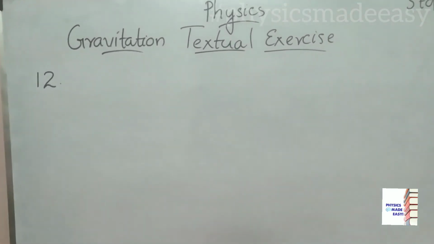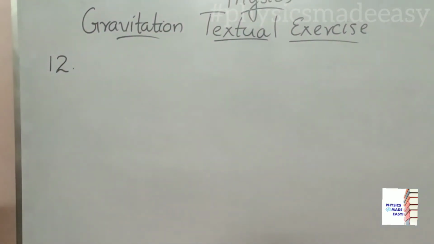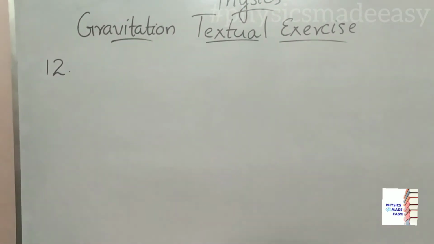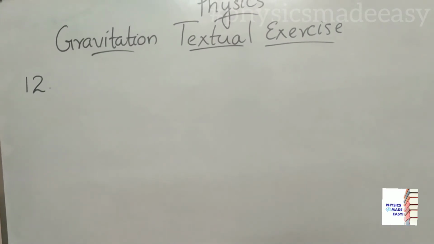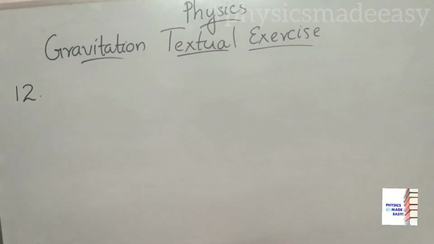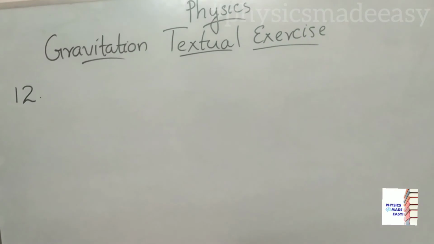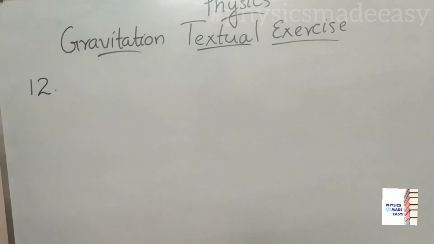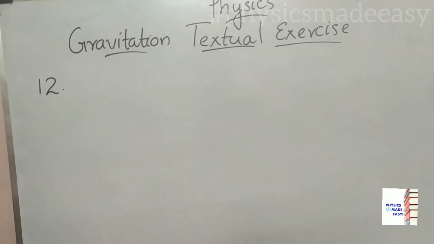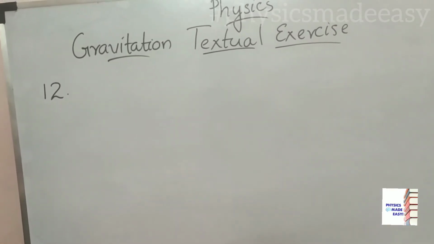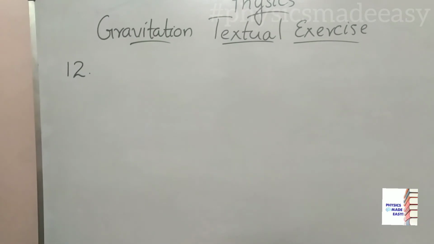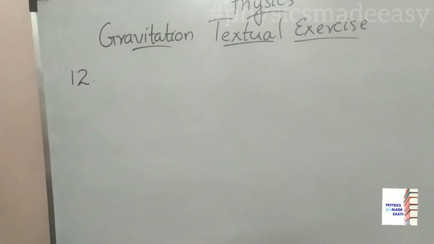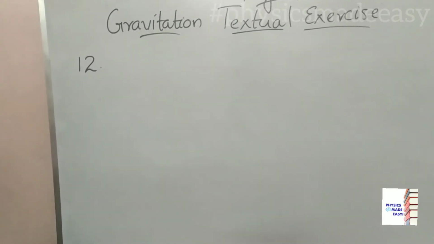Listen children, question number 12. Gravitational force on the surface of the moon is only 1 by 6 as strong as gravitational force on the earth. What is the weight in newtons of a 10 kilogram object on the moon and on the earth? That we have discussed in last class.